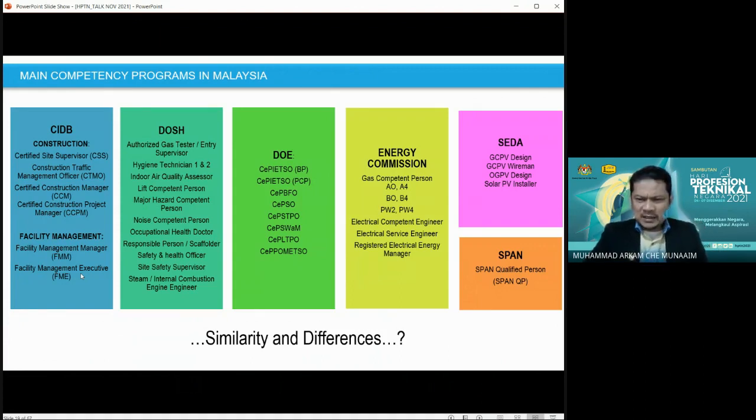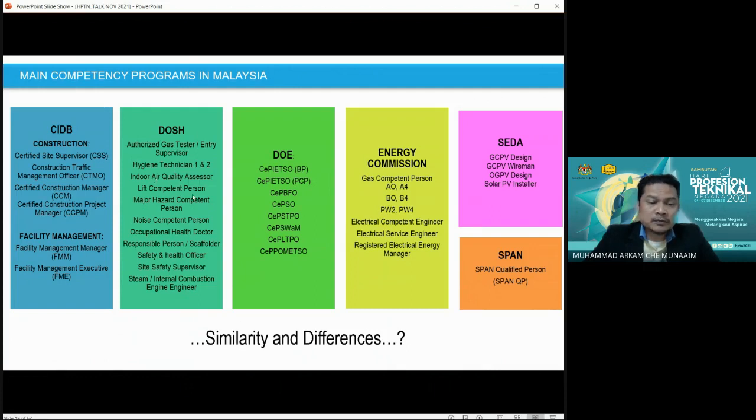Now, can we see the other agencies? What do the other agencies do? For example, we have DOSH, the Department of Safety and Health. DOSH also has its own competency programs, but there are similarities and differences that I have put in the note below. They have authorized gas tester and supervisor, hygiene technician 1 and 2, indoor air quality assessor, lift competent person.